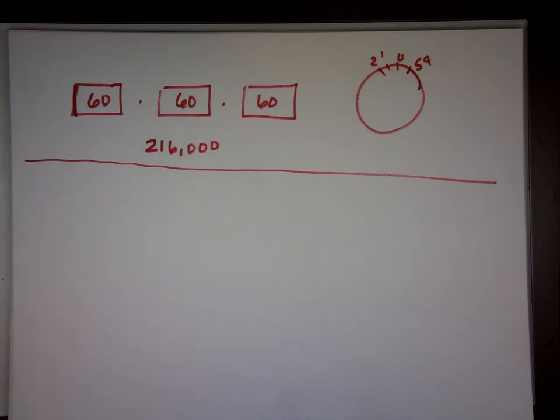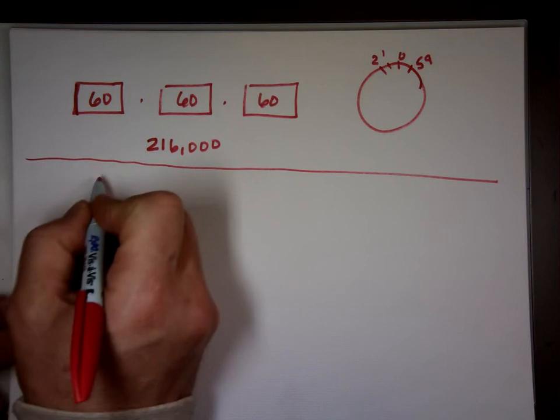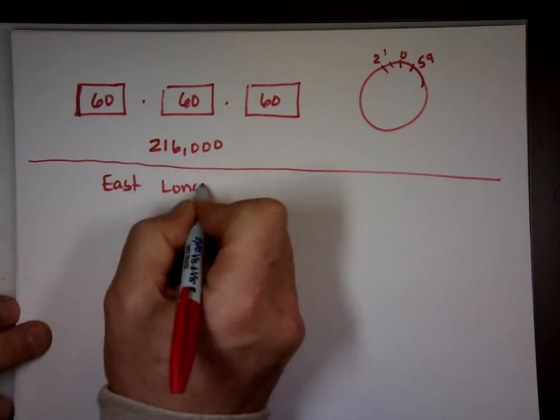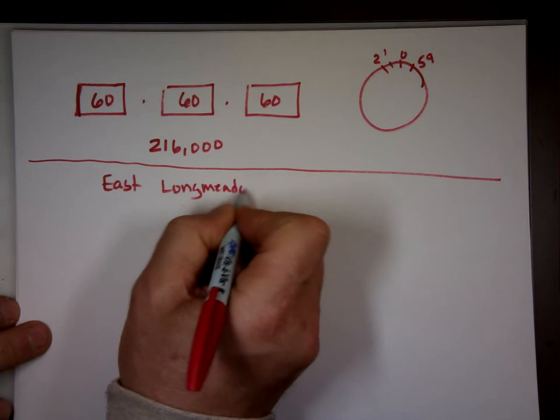Pizza shop. Let's say we walk into East Longmeadow Pizza. Very good pizza. And you want to get a combination pizza.